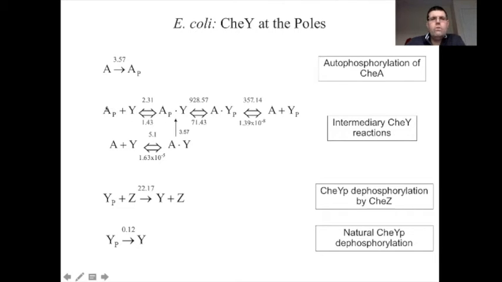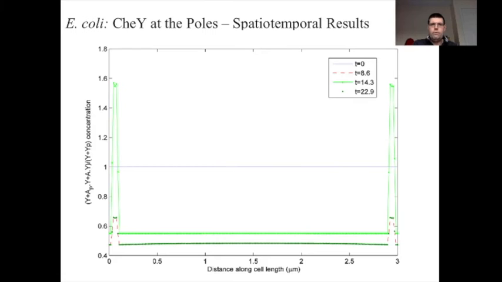And this involves not only phosphorylated CheA, but unphosphorylated CheA in that sense. And we can see here there's a range of complexes formed in the intermediary steps before we reach phosphorylated CheY here. So what effect does that have on the distribution of CheY and CheY phosphate within the actual cell itself?